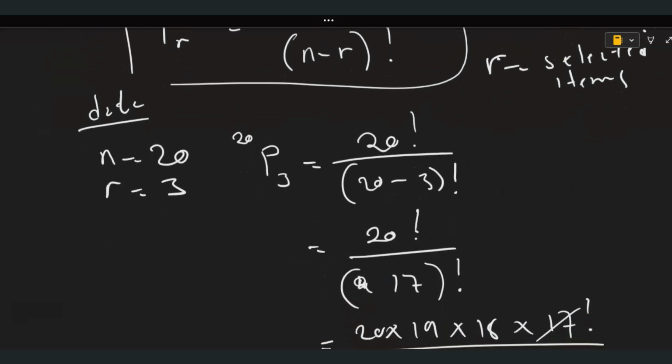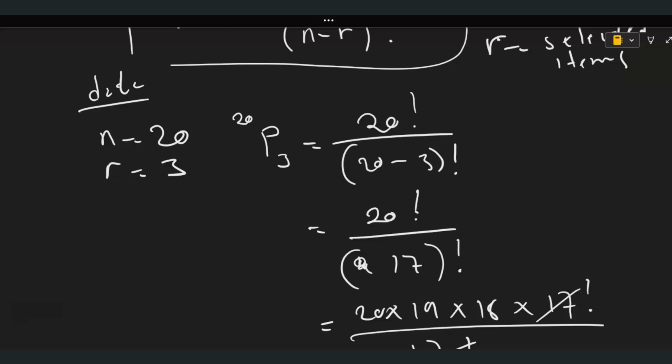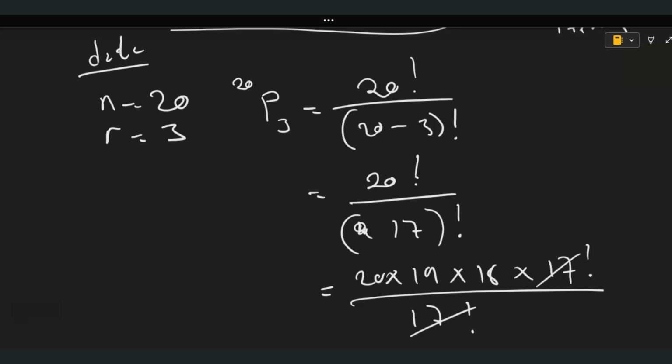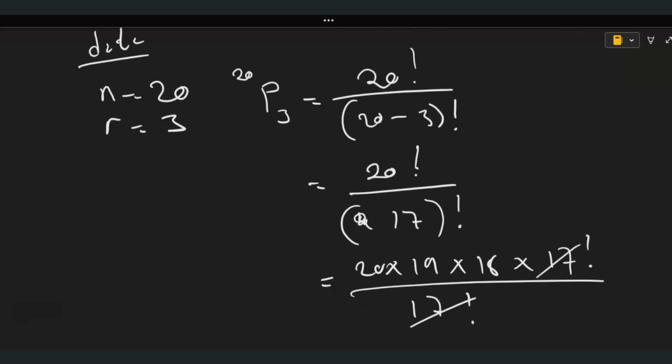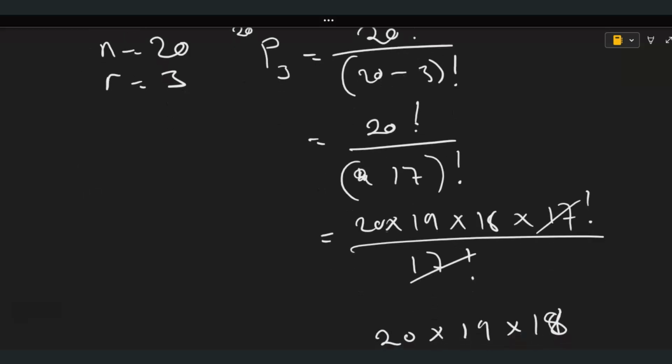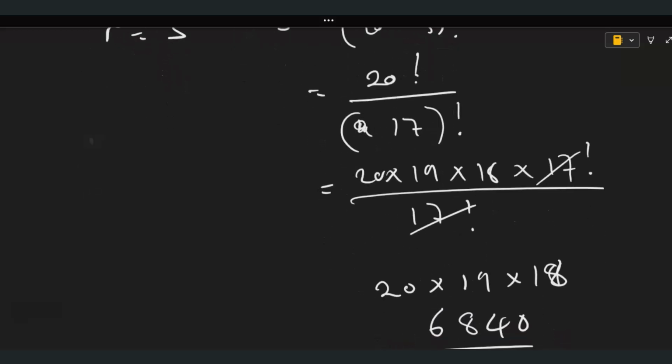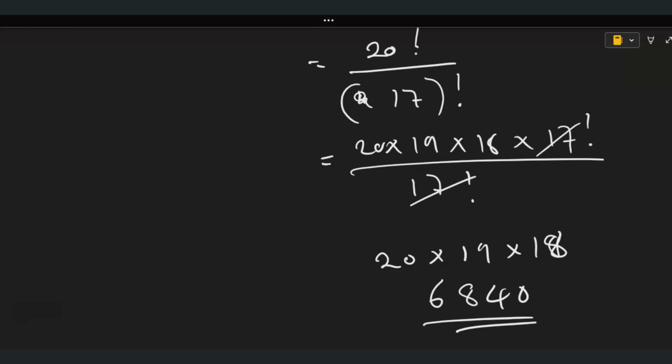Basically, our n is the total number of items in a particular group from which we get to select. Our r is the number that is being selected from the group. So that is about permutations.